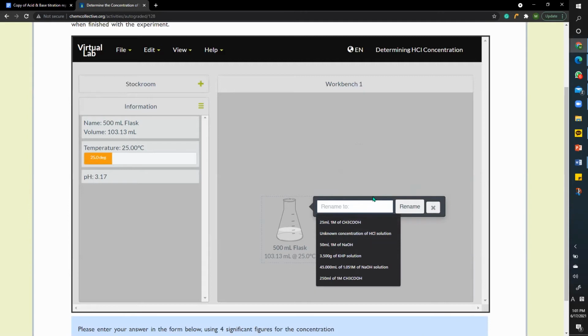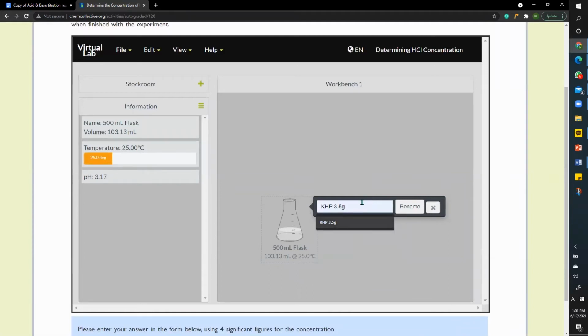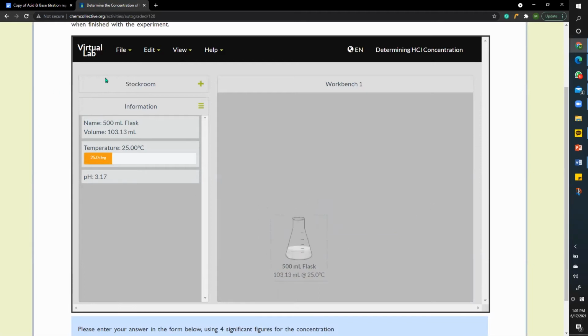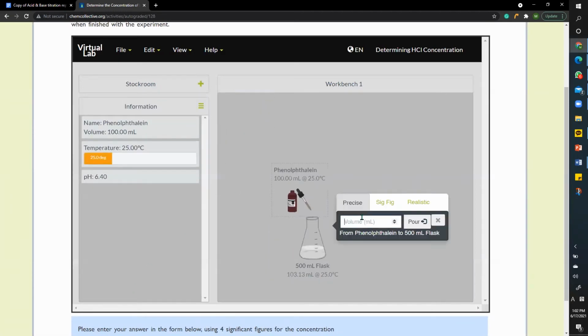So I can say, what is this? KHP, 3 gram plus, oh my god, 3 gram plus 0. Oh yeah, I almost forgot this. To see the color change, I should add the phenolphthalein here. I will only add 0.5 milliliter.